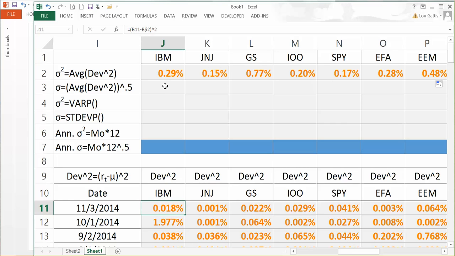So for all the deviations not to cancel out, you could square them. That'll make sure the negative turns all the deviations positive. The other alternative is to take the absolute value of all the deviations and calculate something called the mean absolute deviation. But it turns out that most people like to square the deviations to make sure they don't cancel out and get 0.